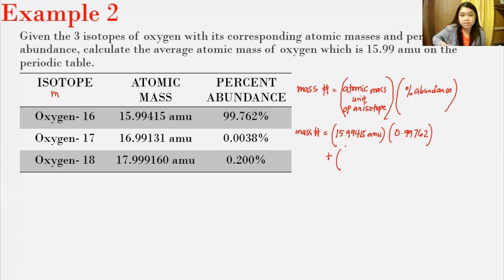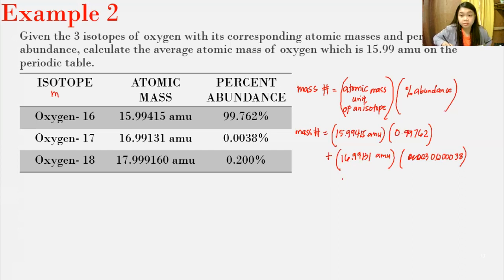So we have 16.99131 atomic mass units multiplied by 0.00038, because the percentage is divided by 100.